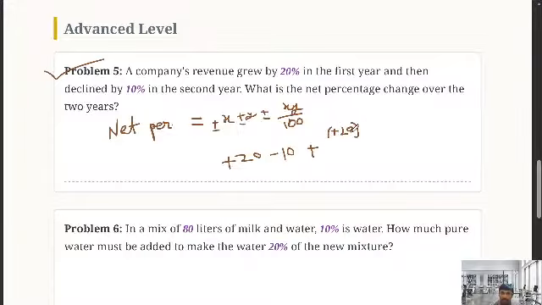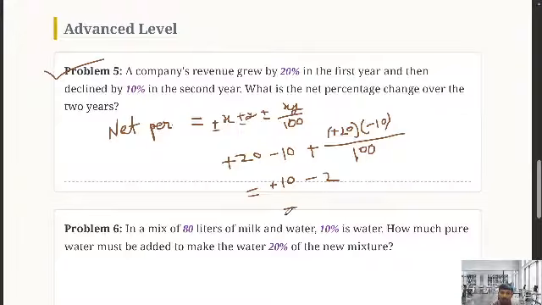So plus 20 and minus 10 gives plus 10, and plus 20 times minus 10 divided by 100 is minus 200 divided by 100, that is minus 2.